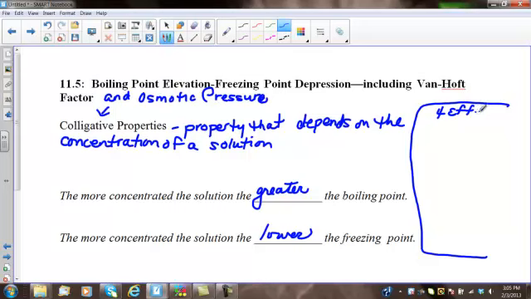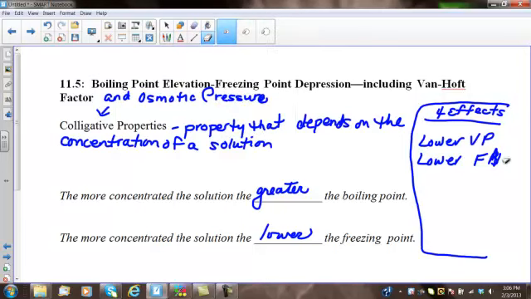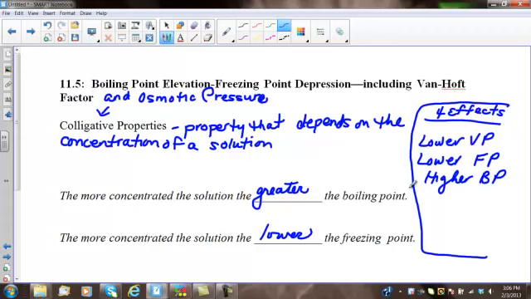Four effects that a non-volatile solute can have on the solvent are lower vapor pressure, lower freezing point, higher boiling point, and lower osmotic pressure.